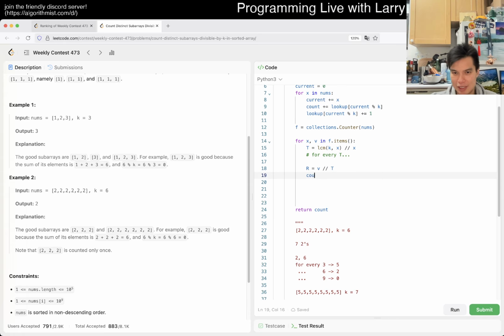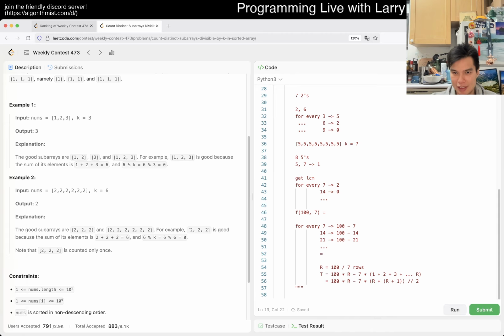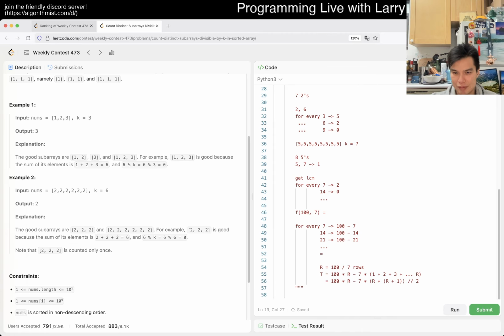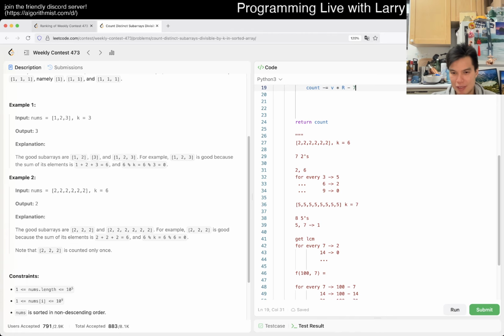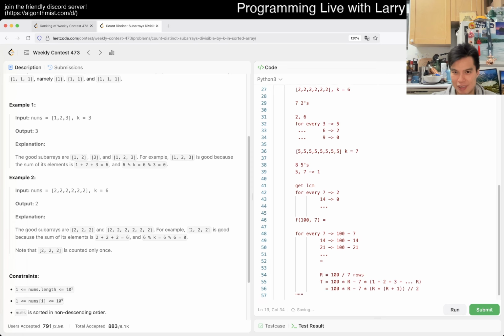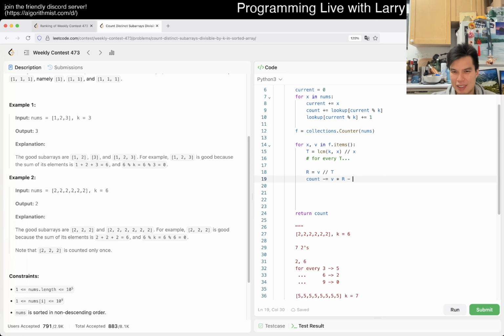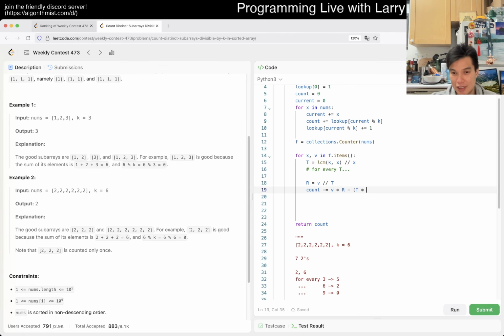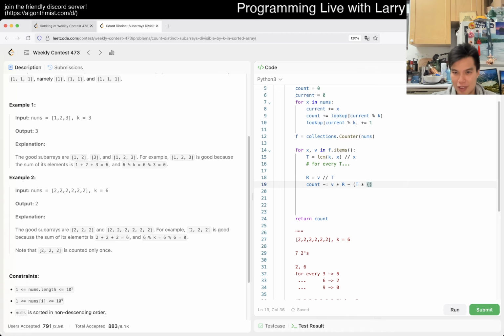But count, we just subtract by the value times R minus 7 times, oh, not 7, why would it be 7? What is the 7? It's T times, let's put this in parentheses, times R times R plus 1 divided by 2, and then we should be okay.